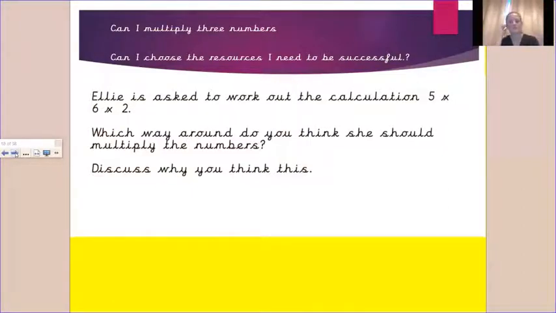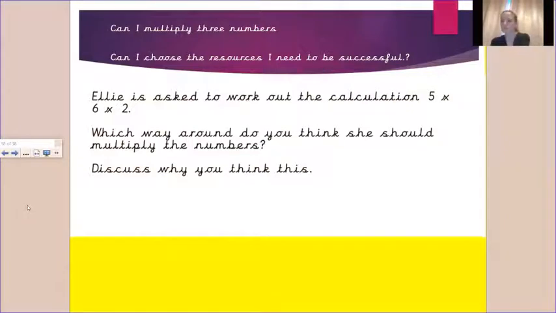The only thing that matters is obviously that you have all 3 numbers. And then what would make it easier? What should you work out first that would help you to get the answer? So pause the video now and give a think to that and see which way around you would work it out. And then I will talk through it with you.